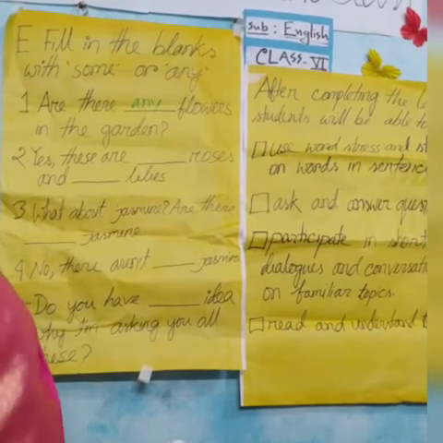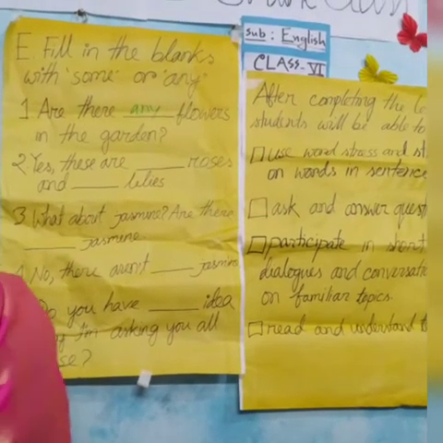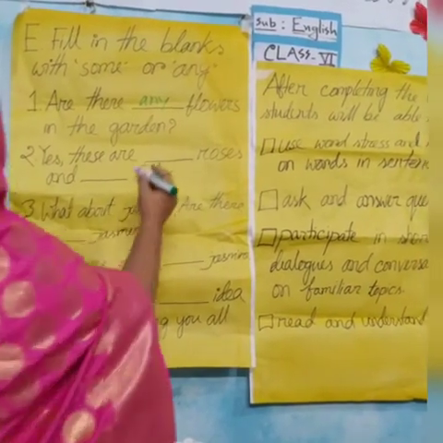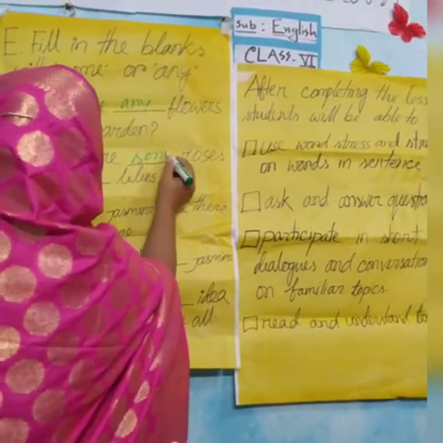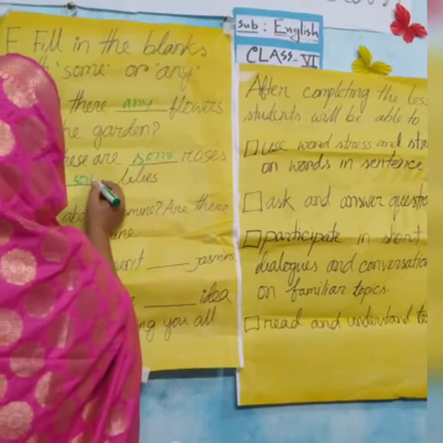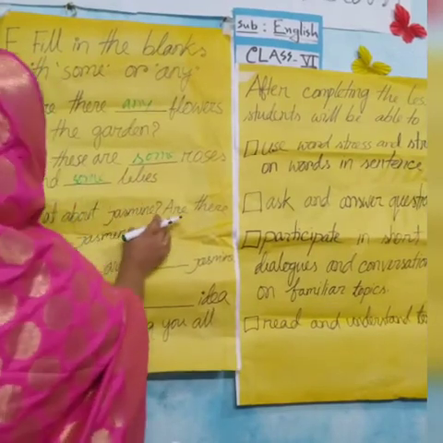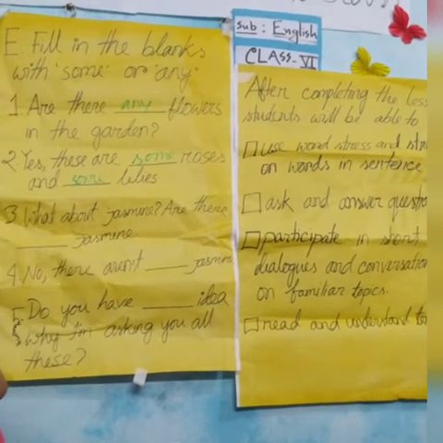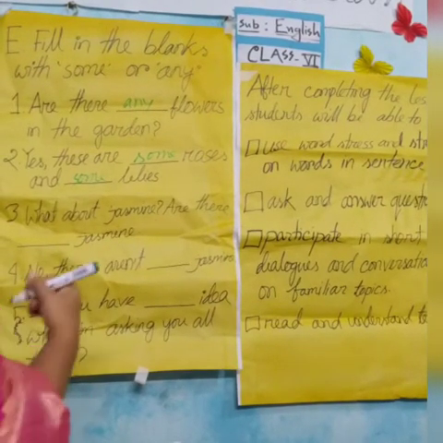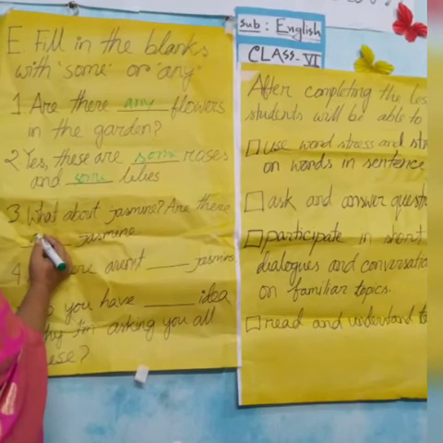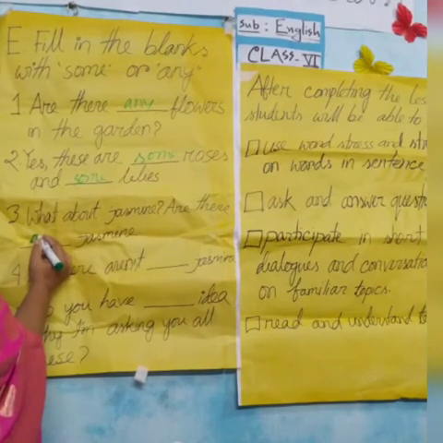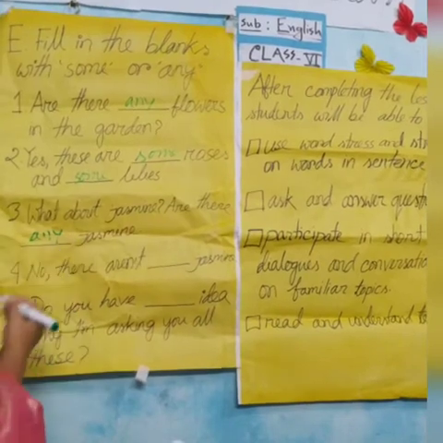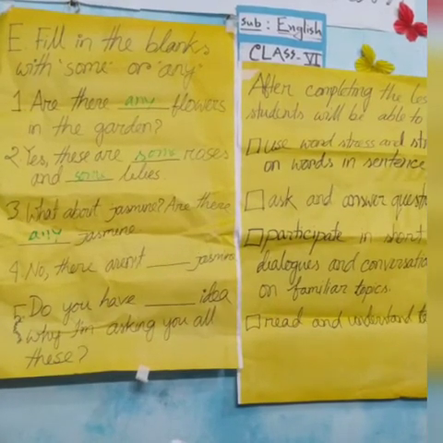The statement is positive, so we have to use some. What about jasmine? Are there any jasmine? There we have to use any. No, there aren't any.